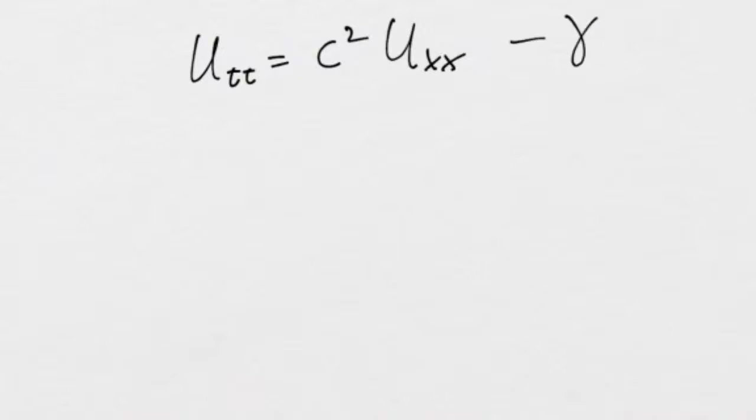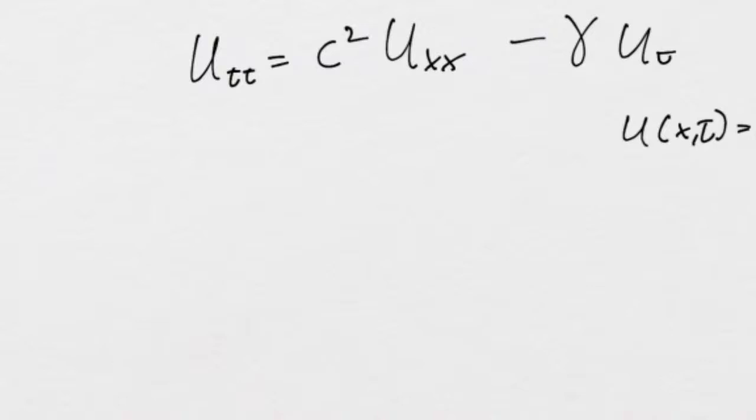Okay, so that'll be fine. We'll start with u_tt equals c squared u_xx minus, and we'll call it gamma. I like gamma u_t. And then we'll do the basic substitution where we say u(x,t) is X as a function of x times T as a function of t.